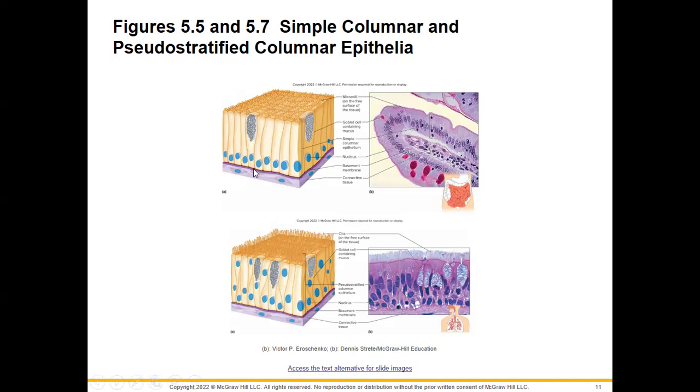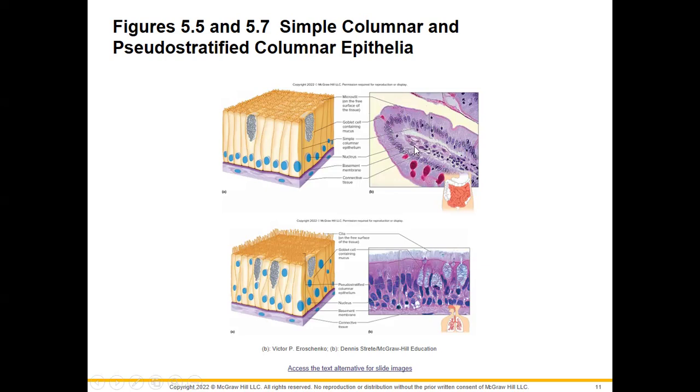Those are two characteristic findings of epithelial cells. Free surface, basement membrane. You notice here how all of these nuclei are roughly at the same level near the basement membrane. That is characteristic of simple columnar epithelium. If you look at this image on the right, you will see all of these nuclei roughly at the same level all the way around this structure. You have a fuzziness at one end at the free surface of these cells.